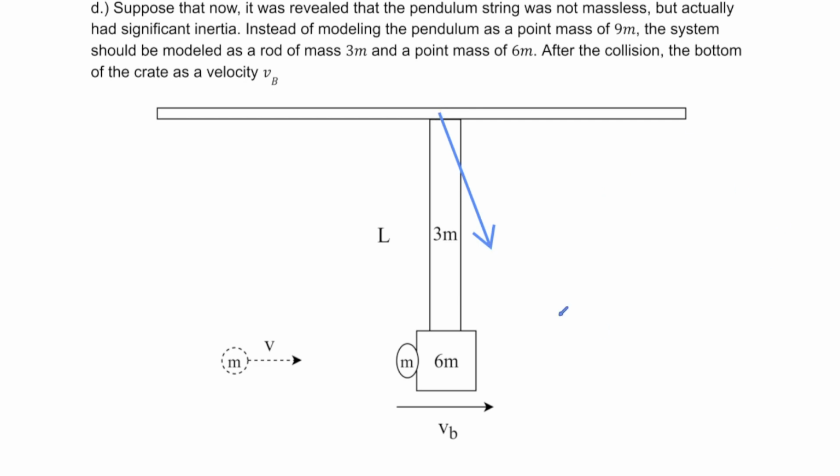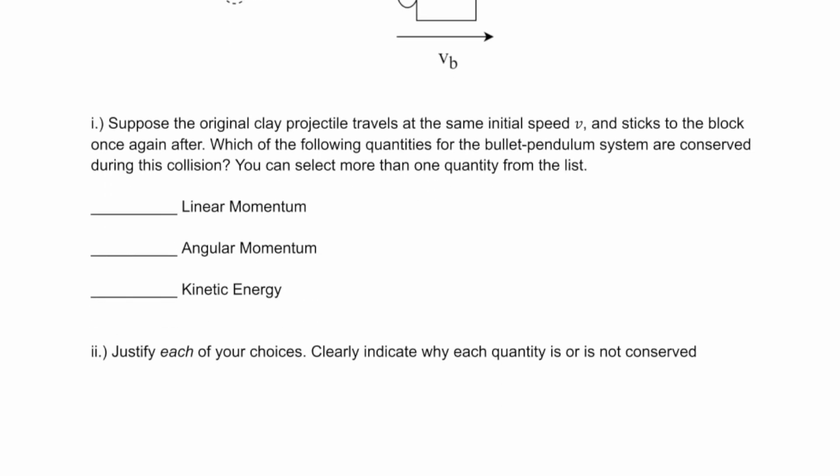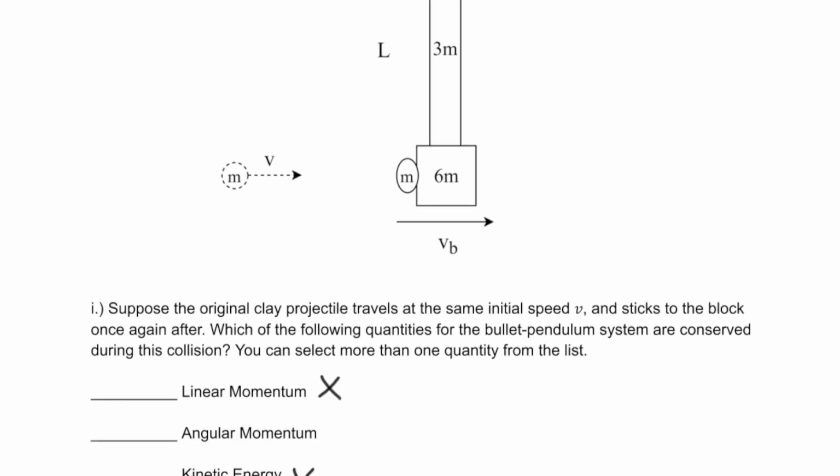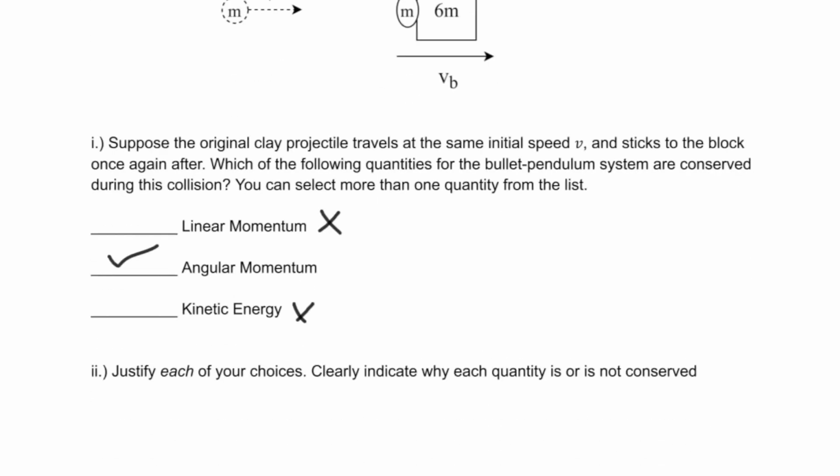But now we actually can't ignore that. So there is an external force. So linear momentum is no. And kinetic energy is no. But angular momentum is yes. Because even though we do have an unbalanced force, it's at the hinge location. So its lever arm is 0, so it can't generate a torque.